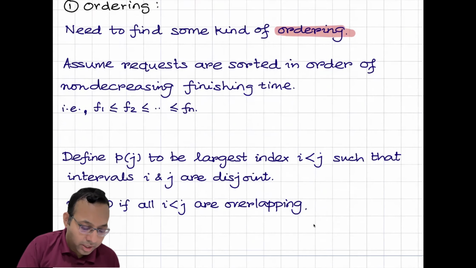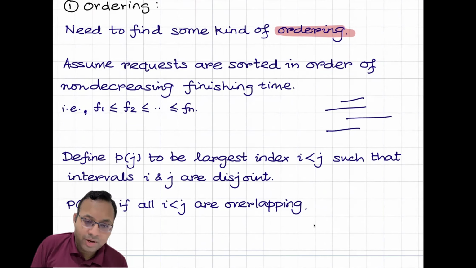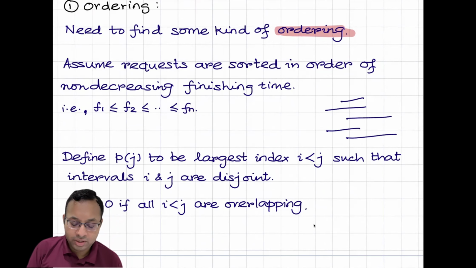Now, if we see an example, let's say some items are there, and we have sorted them according to their finishing time. If I consider some particular interval, I cannot take any interval which overlaps with it. So if I sort them, the first interval which does not overlap is the one.